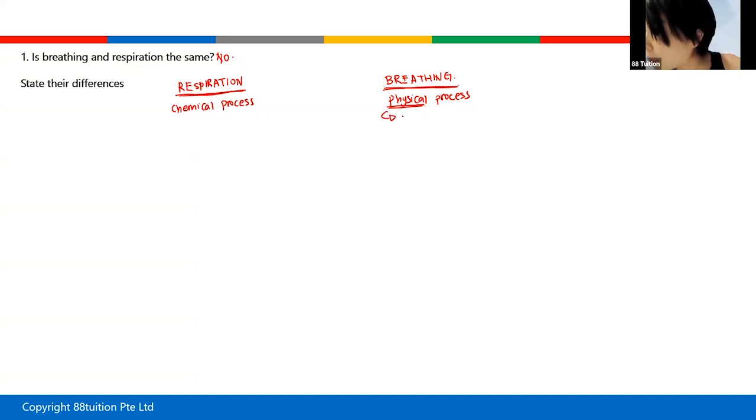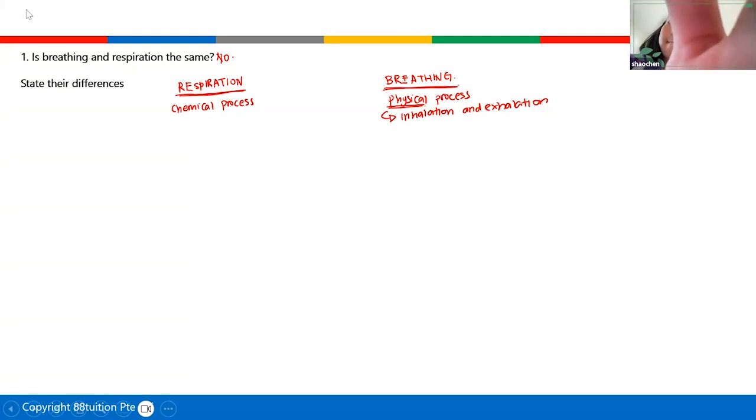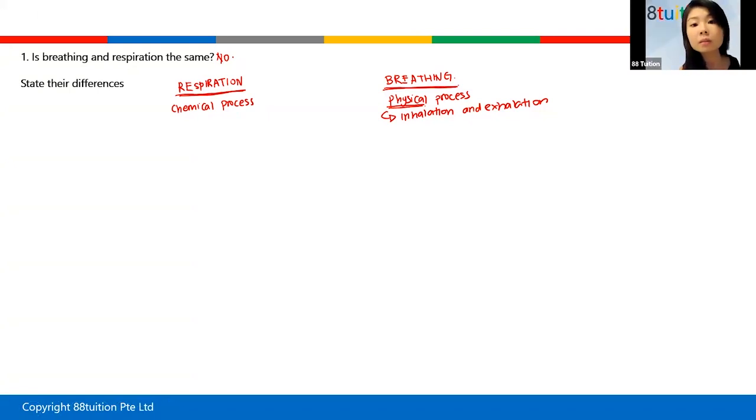So physical process means I inhale and exhale. When you do this, that is breathing. There is no chemical equation involved. There's no chemical process involved. It is just the organs in your body moving. Tanisha, understand? Chen Xing, you understand? Xiaoshen, you understand?